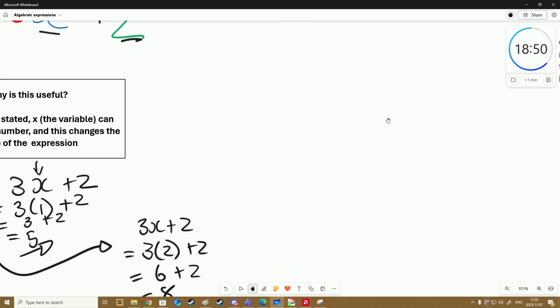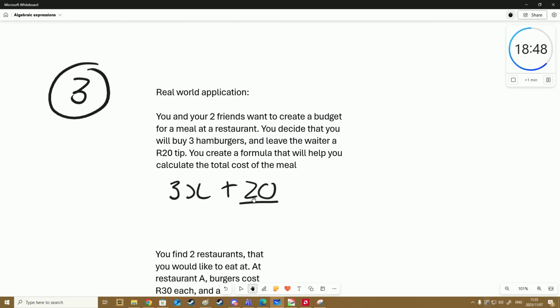Alright, so how is this useful in a real world context? Well, let's say you and a few friends want to go eat at a restaurant, and you want to find out how much it might cost you. If you leave the waiter a 20 rand tip, and the hamburgers might differ in price from restaurant to restaurant, and you want to write a formula for this application, we say that you are going to be eating 3 burgers.